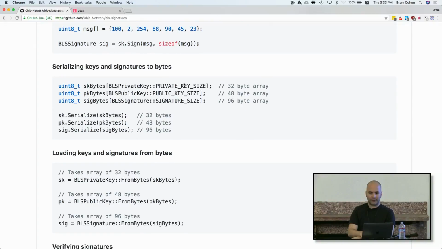So that's so far so normal. You then serialize it. I'd like to point out an interesting design decision we made here: our public keys are 48 bytes and our signatures are 96 bytes. This is the opposite of how people usually do stuff when you're doing public key cryptography.